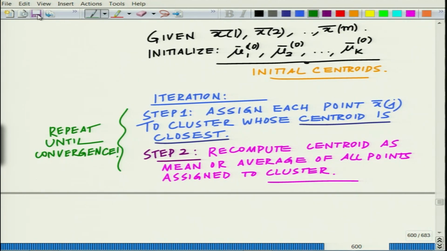So, we start with initialization of the centroids, assign each point to the cluster with the closest centroid, and take the average of all the points in each cluster to obtain the new centroids. Again in the next iteration, once again assign each point to the cluster with the closest centroid, take the average to compute the centroid, and keep repeating it.